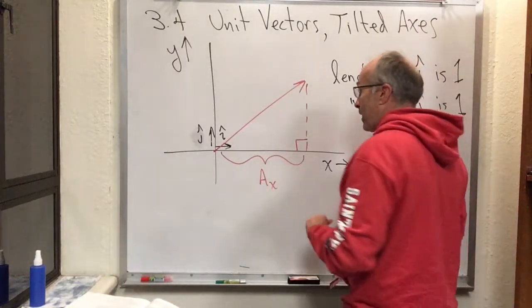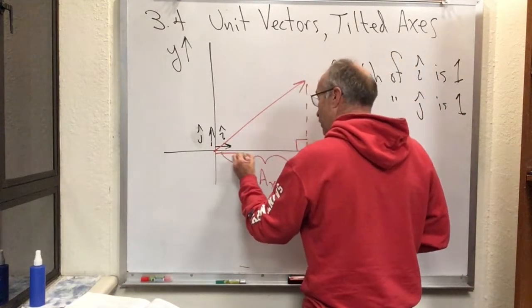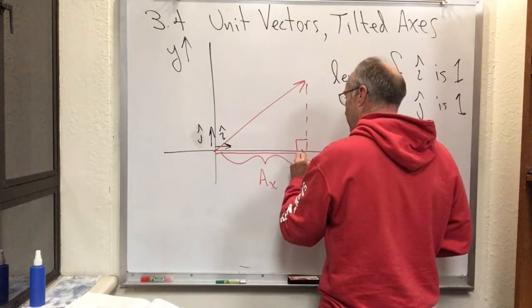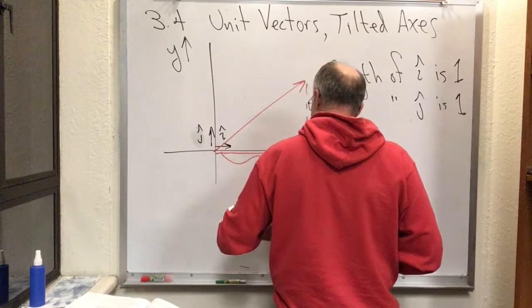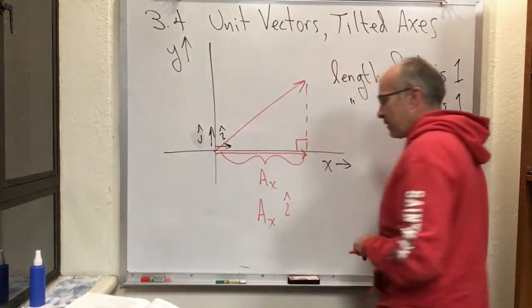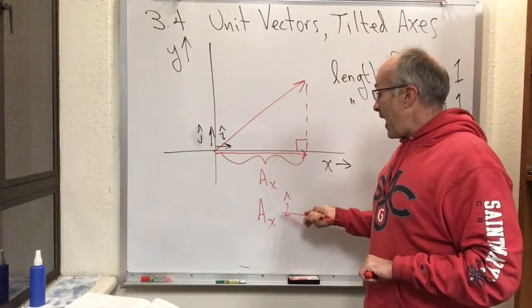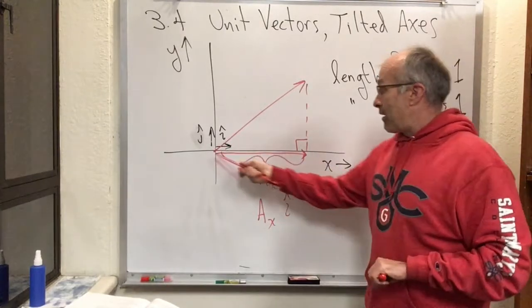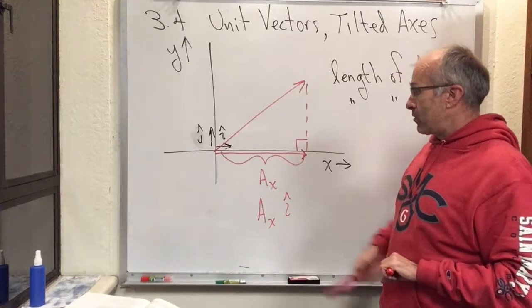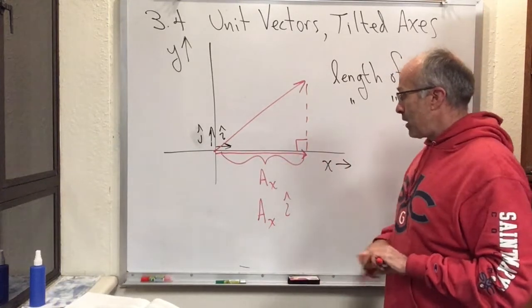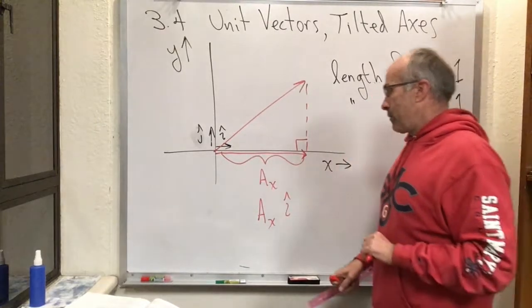Using vector multiplication, I can make a vector that points from here to here. Okay, and what vector is that? It's the vector a sub x times i hat. Because you'll surely agree with me that i hat points right, and therefore a sub x, which is a scalar, times i hat, here it's a positive scalar, is something that points to the right.